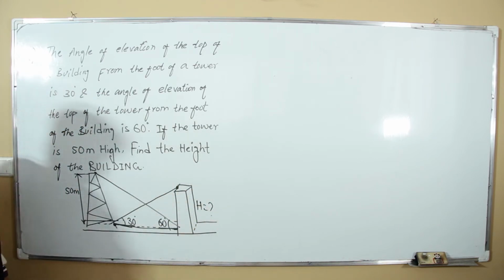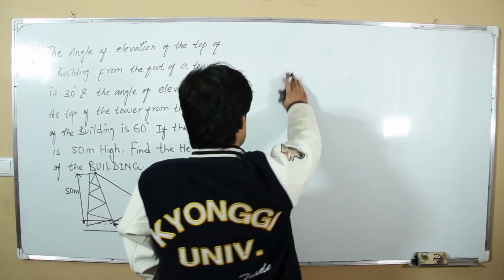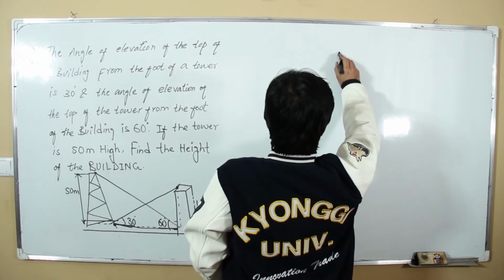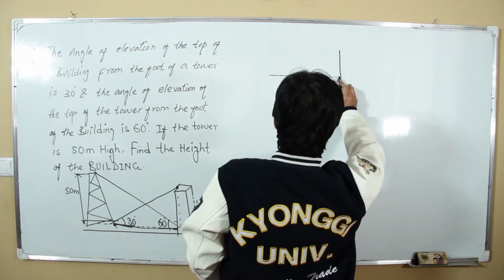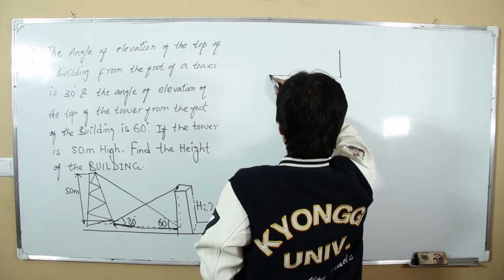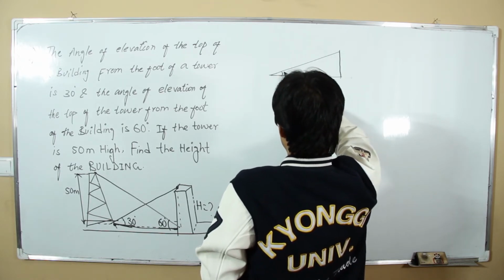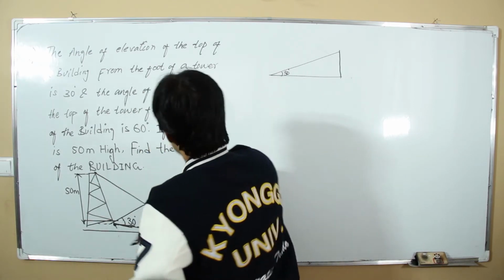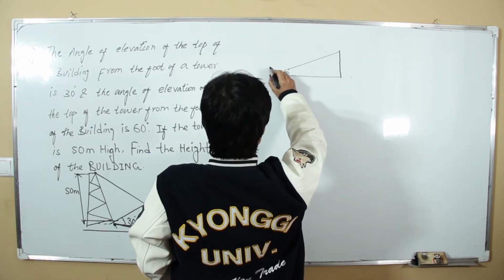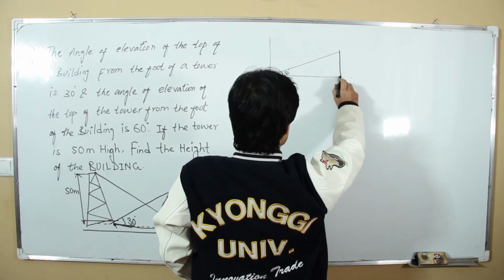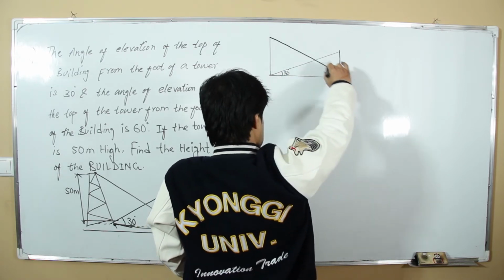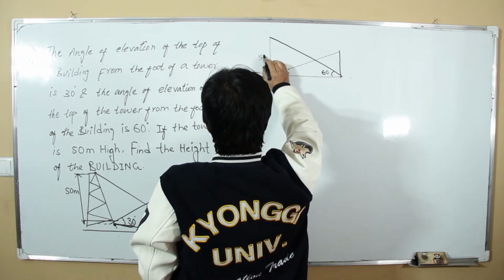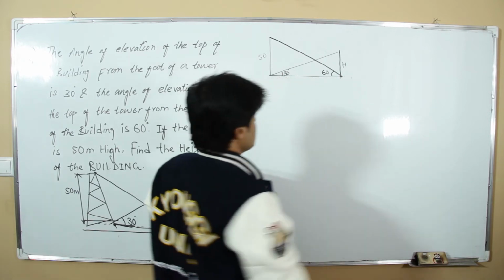I think it's simple. First, does it look like a right angle triangle? Yes. We have here, this is our base. This angle is given 30. Second, we have another side here, and this angle is given 60. This is also given 50. You have to find this h.